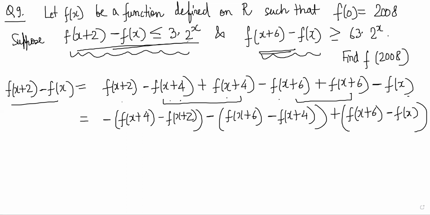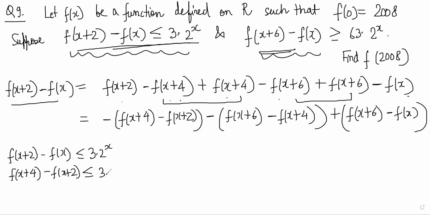Think of this inequality. We have f of x plus 2 minus f of x is less than equal to 3 into 2 power x. So if I do f of x plus 4 minus f of x minus f of x plus 2, that will be less than equal to 3 into 2 power x plus 2, right?